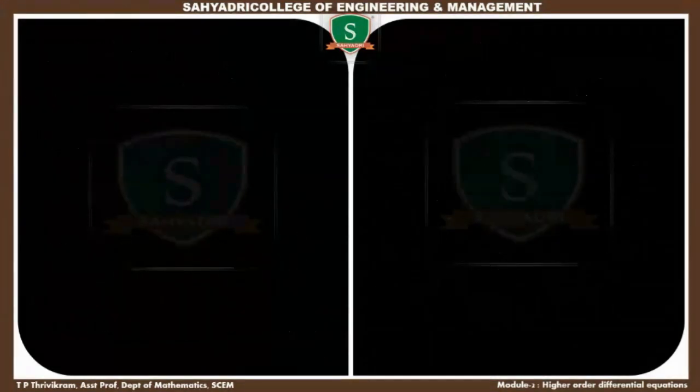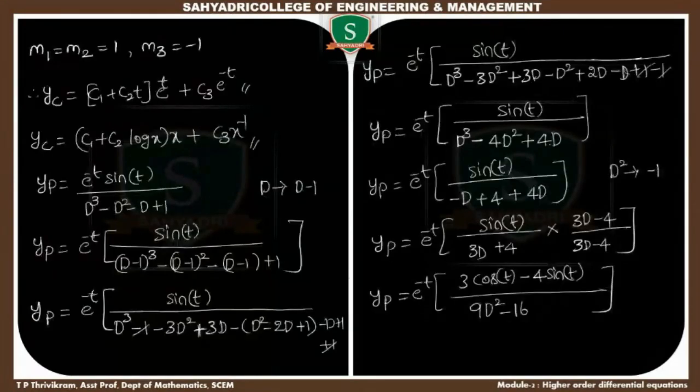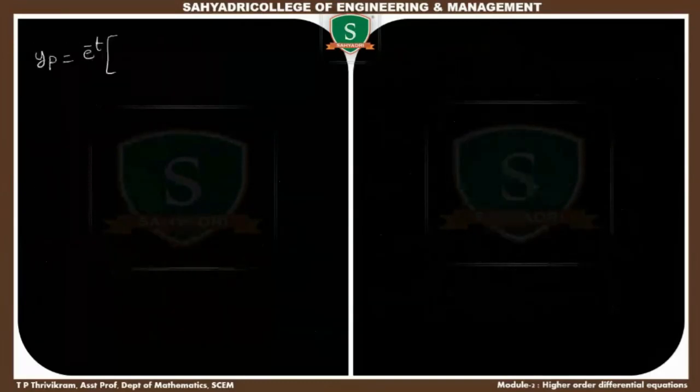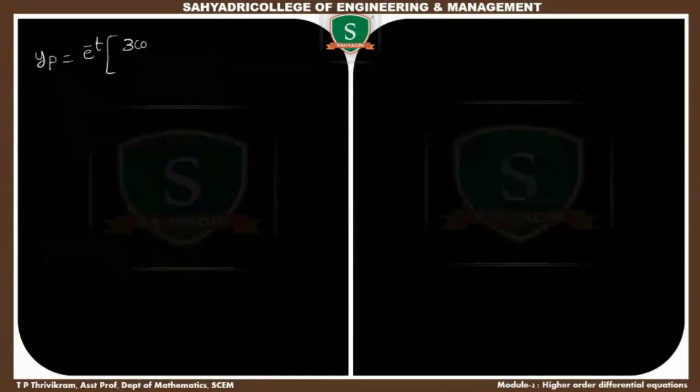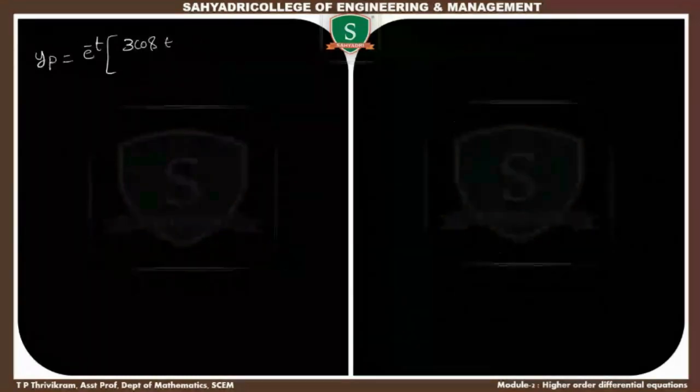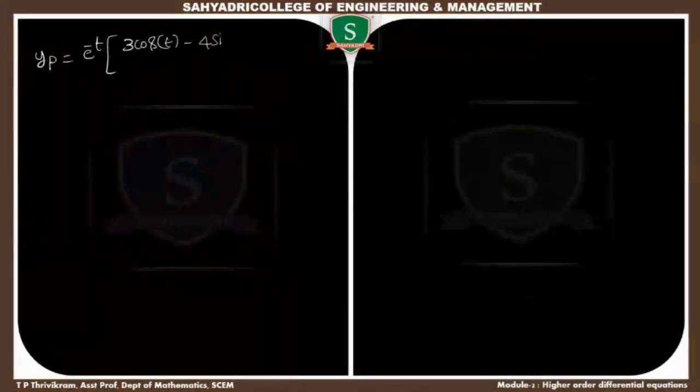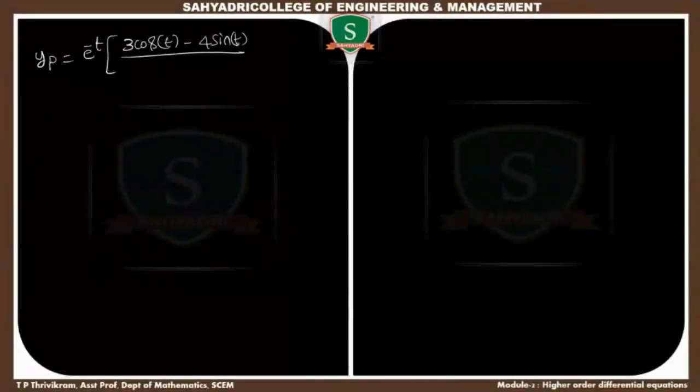So yp is equal to e power minus t into 3 cos t minus 4 sin t, divided by here in the place of d square you need to substitute minus 1. So you'll get minus 9 minus 16.